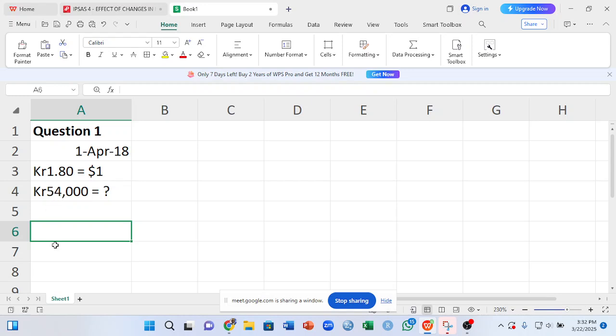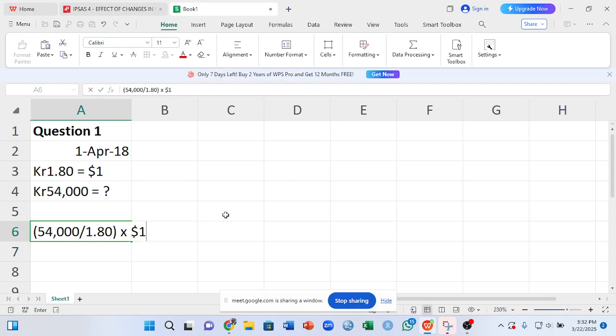It will be 54,000 divided by 1.80, then multiplied by the equivalent amount, which is $1.